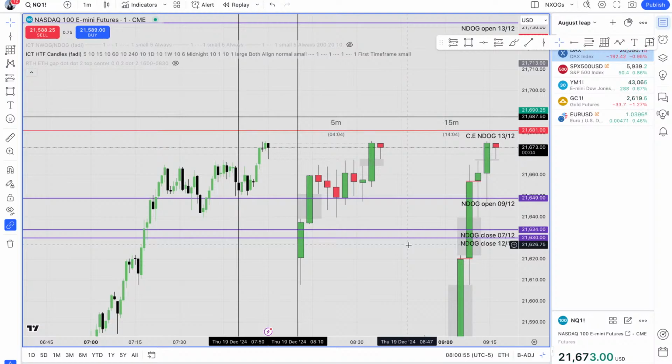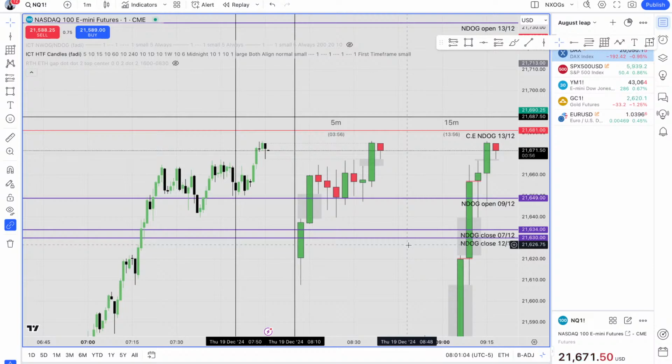So it's 8 a.m. exactly. This is New York Open. I don't really trade the 8:30 and midnight price. I see many people doing that, but I don't, because I know what I'm looking for.